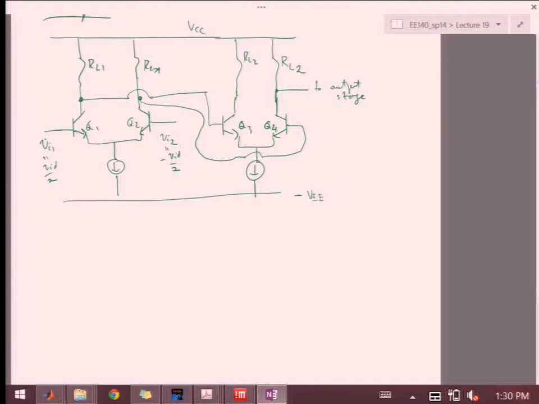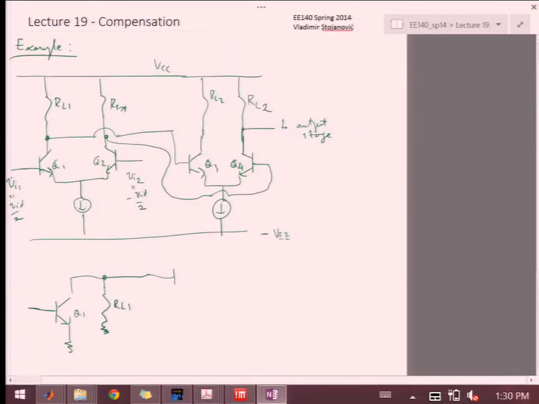So we'll ground this node, and over here we're going to have RL1, and then that goes into Q3.